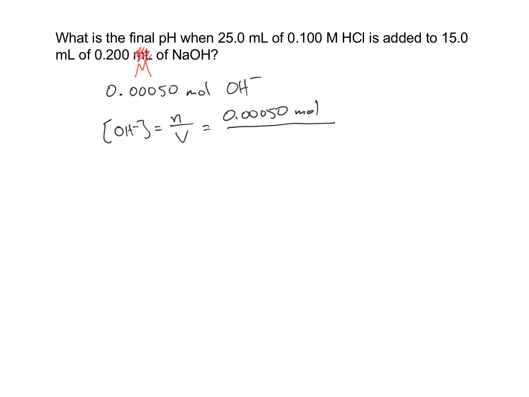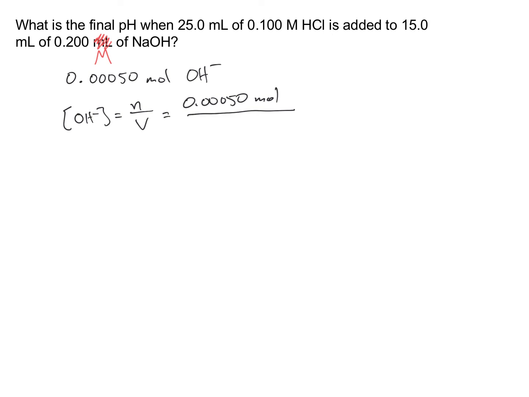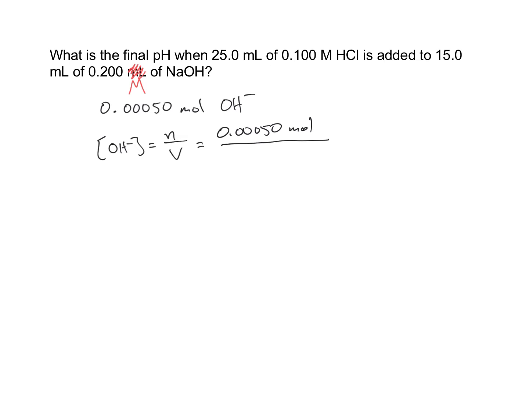Right, our total volume, 25 milliliters plus 15 milliliters, I have 40 milliliters, but of course I need that to be in liters, so 40 milliliters is going to be 0.04 liters, and so for my concentration of hydroxide, I get 0.0125 molar.